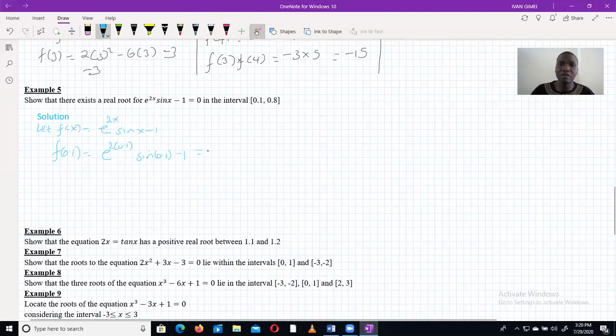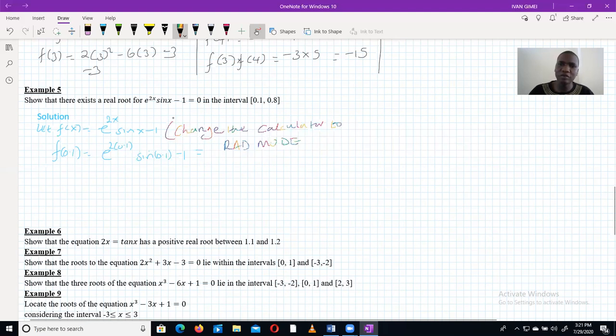Your calculator has to be in radians. In this case, let me put a very big note here. Your calculator has to be in radians. Change the calculator to rad mode.